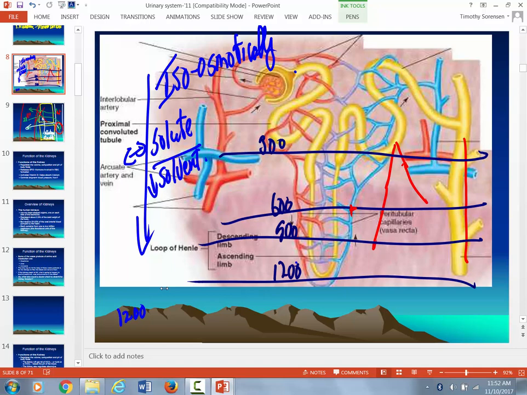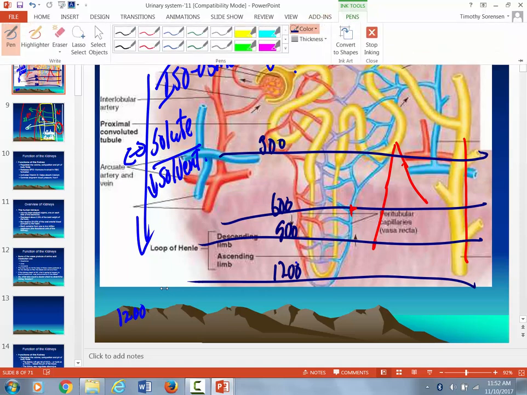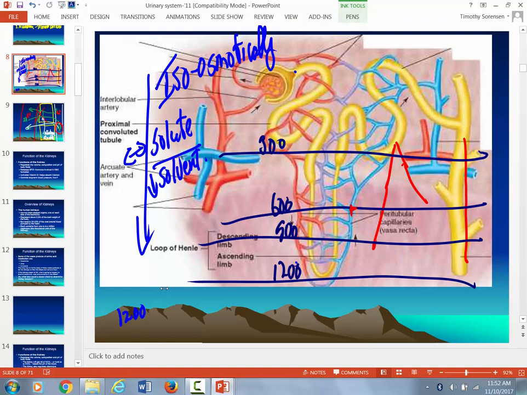So, ADH will then stimulate the cells of the collecting ducts, and ADH will actually insert water channels into the collecting ducts. And water that was going to get peed into the toilet will get reabsorbed back into the blood. So what will happen to urine output?